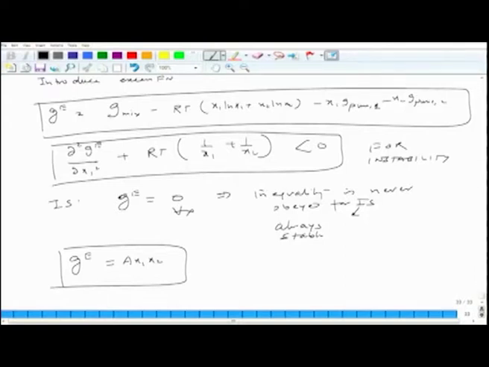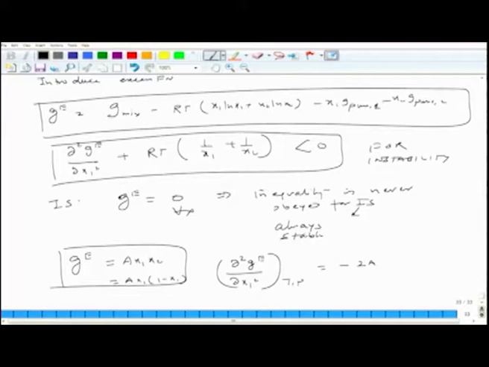So we can plug in here and take the second derivative. At constant T and P, I can write this in terms of x1, A x1 (1 minus x1). So this is going to be minus 2A.